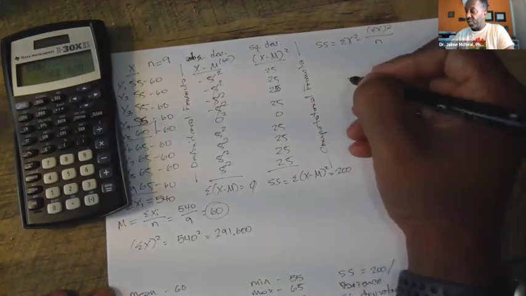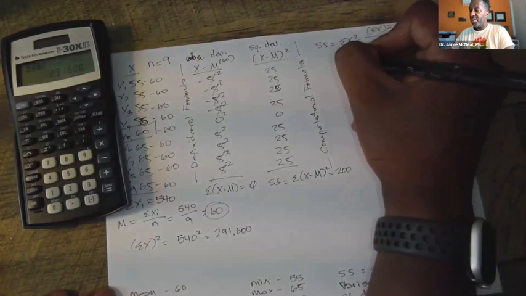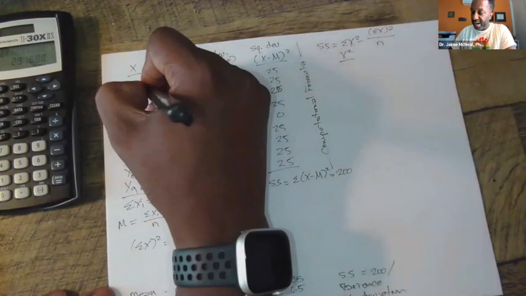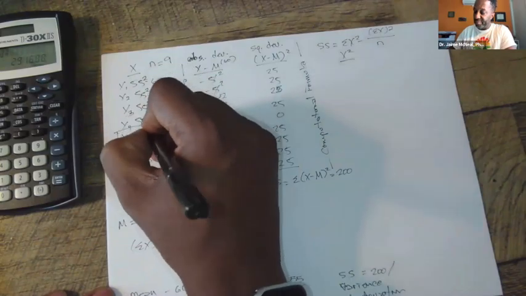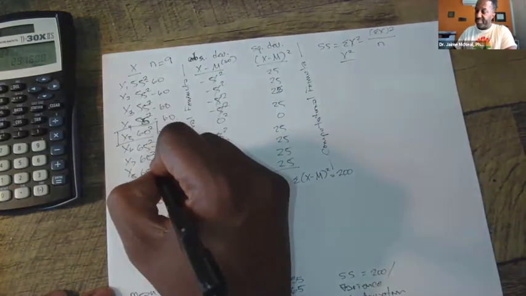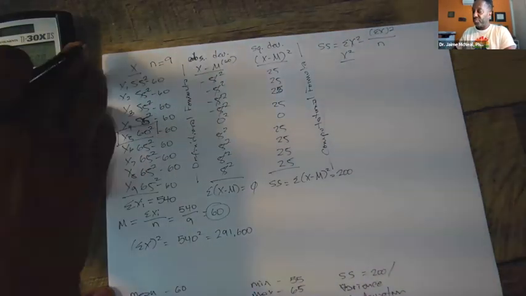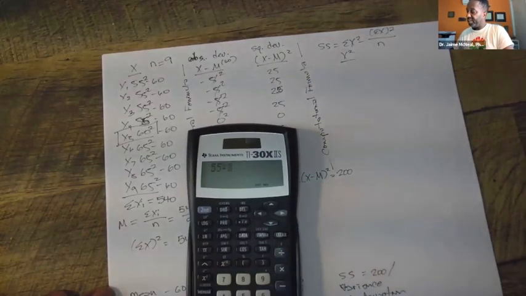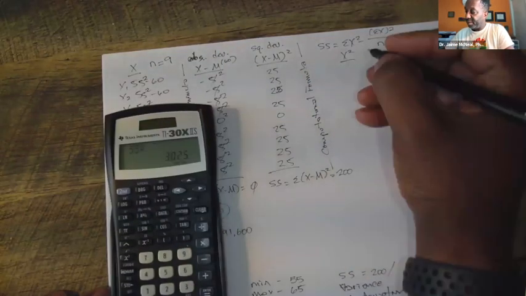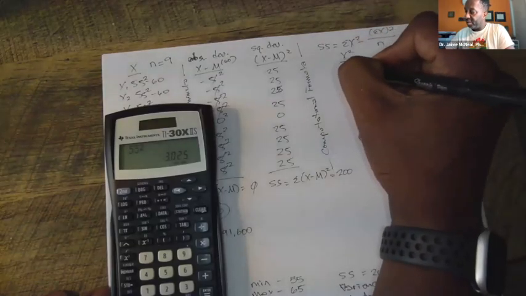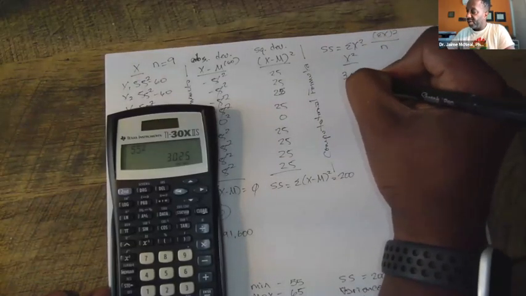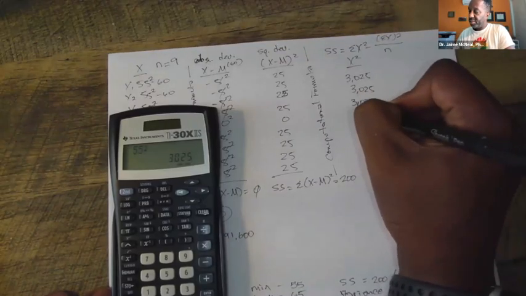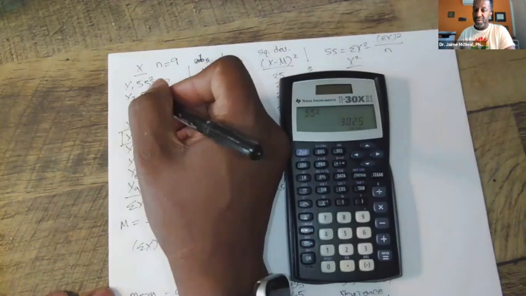Now we need to know all the squared x's. So we're going to just square every x value. 55 squared is 3,025. We have 4 of those. 1, 2, 3, 4.